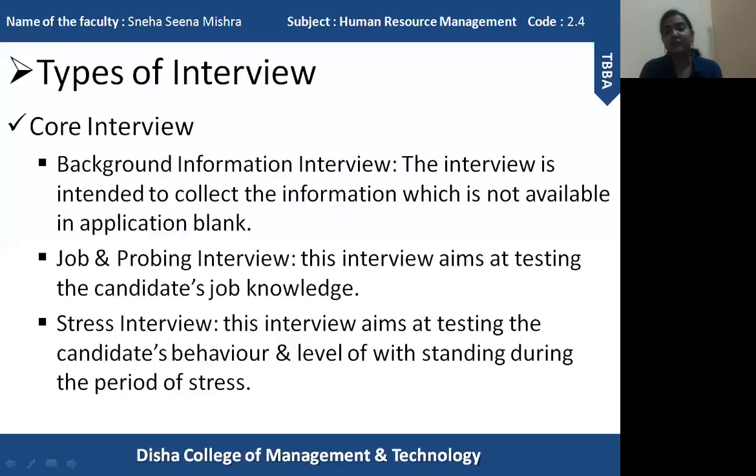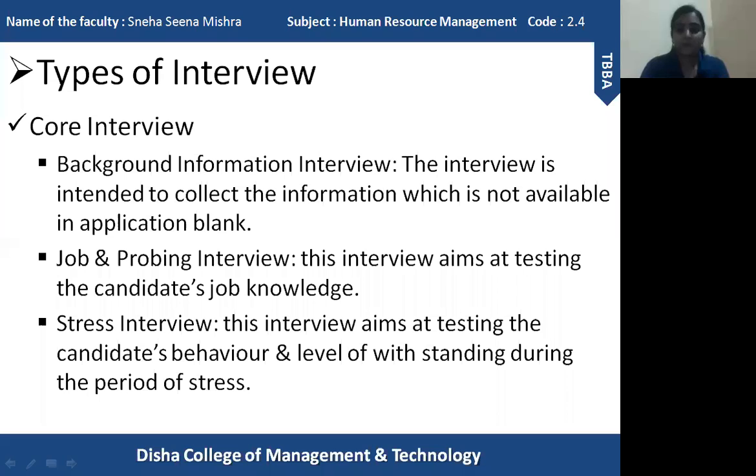These things are done so that they can put the candidate under stress and see how he or she behaves, whether he or she handles the stress very well, or gets irritated, frustrated, angry, or nervous. These kinds of behavior are observed under the stress interview.